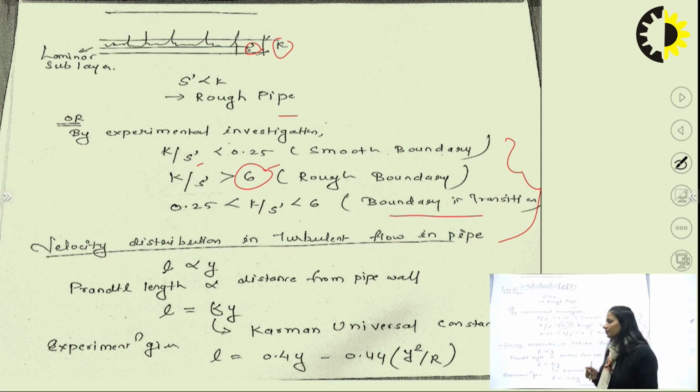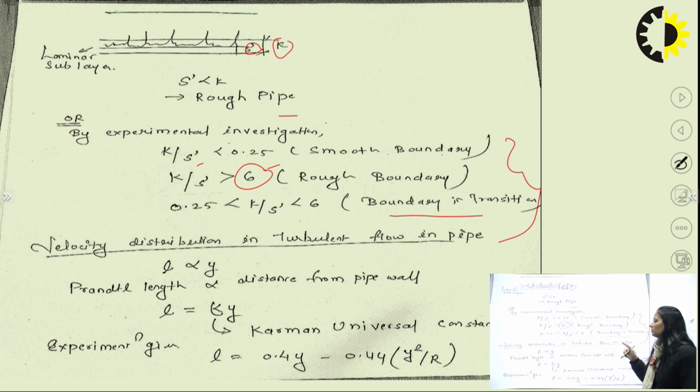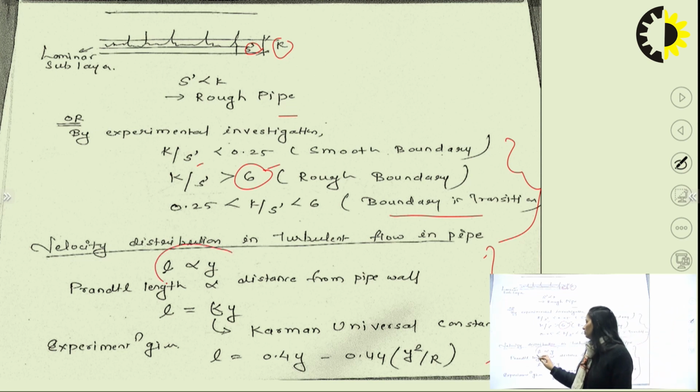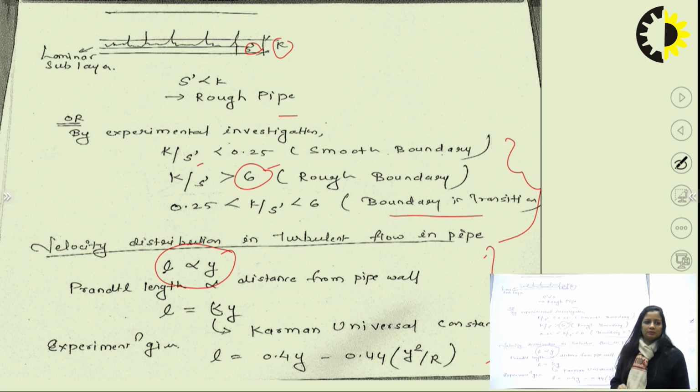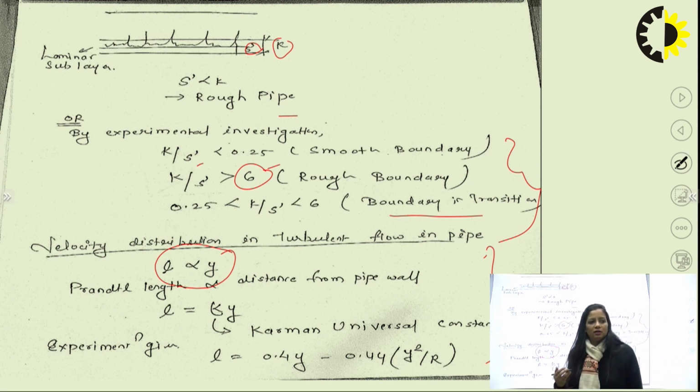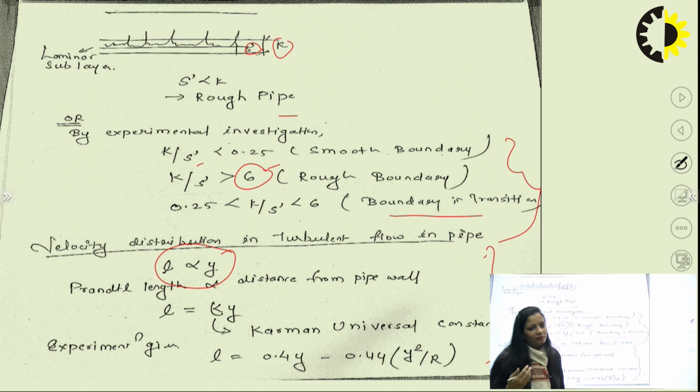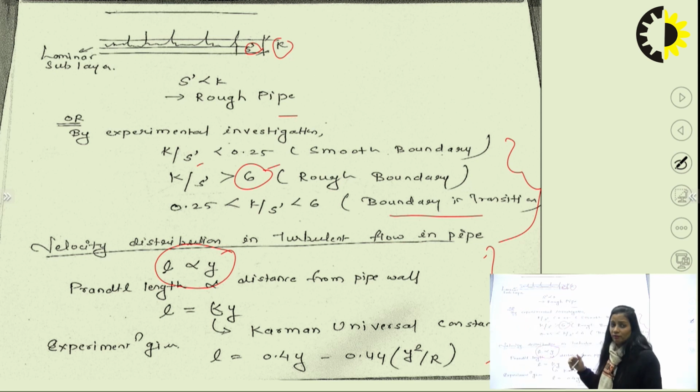Now we are going to talk about the velocity distribution in turbulent flow in a pipe. Here you can see that L is proportional to Y. When we talk about the velocity distribution, the first thing Prandtl assumed is that the mixing length is proportional to the distance from the pipe wall.